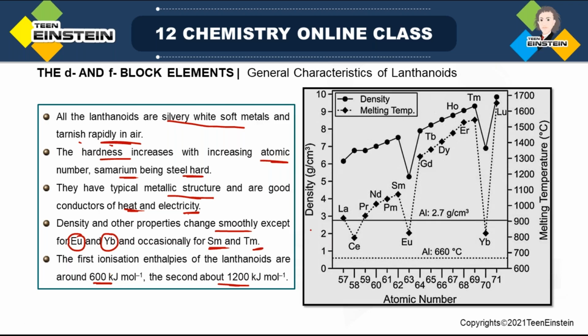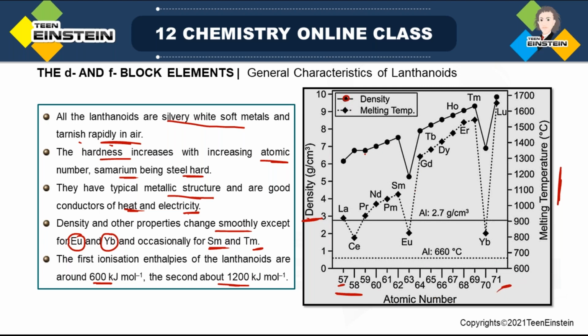Here we have two properties. Density is on the left hand side, so all these round shapes are density, and the square shapes are melting point. Melting point is on the other side, the right hand side, and this axis has the atomic numbers, 57 for La up to lutetium.